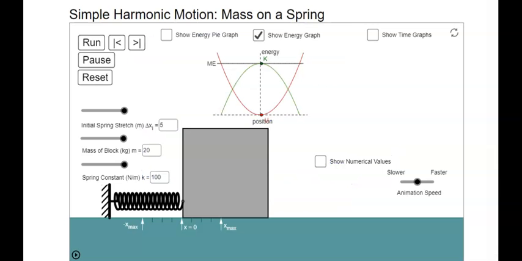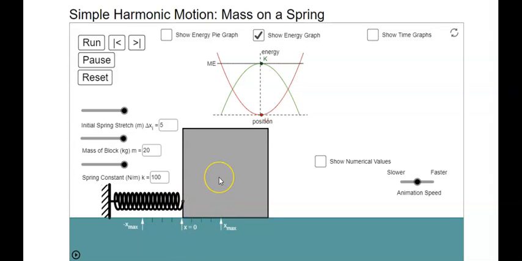Here I have a simple harmonic motion mass on a spring simulation. If I was to take this mass connected to this spring and stretch it to a distance, in this case 5 centimeters, I pull back, that is the extension distance. This spring will want to restore the mass when it's moved over here back to the original position, x equals 0.